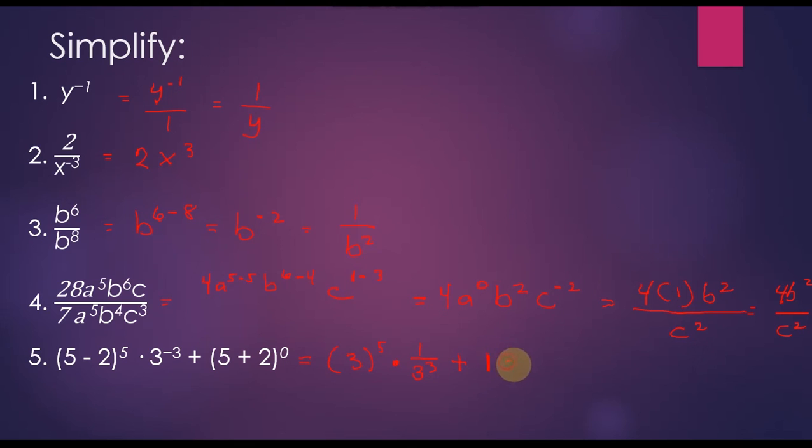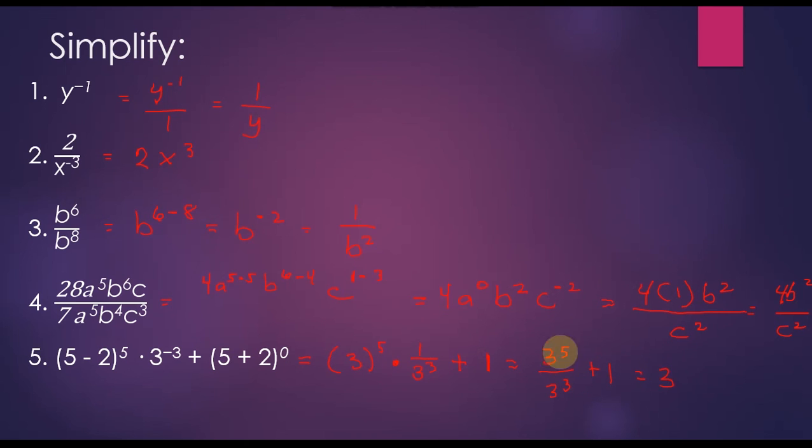Then let's simplify. As you can see, we can multiply this fraction with this 3 raised to 5. So I can write that as 3 raised to 5 over 3 cubed, plus 1. They have the same base, so we can subtract their exponents.